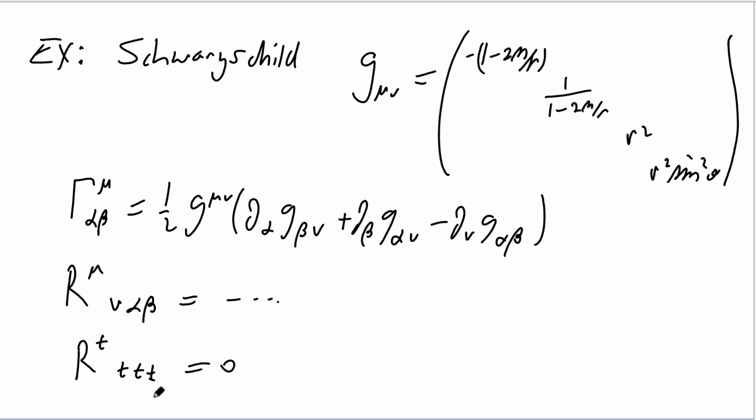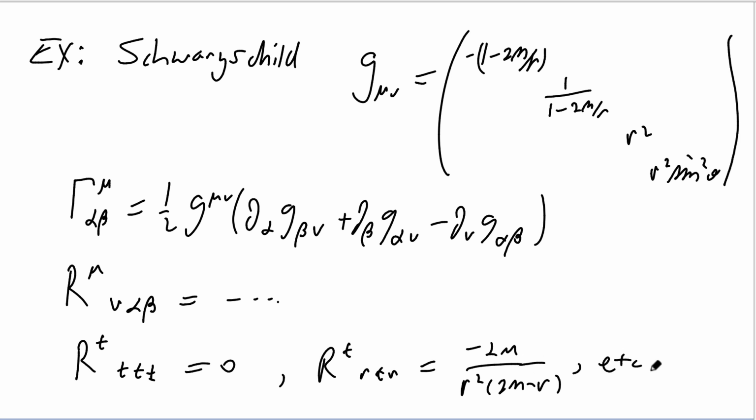Actually, you know that must be true because we know that the Riemann tensor is antisymmetric in its final two indices. So if those two indices are the same, the tensor component must be 0. If we look at the component R^t_{rtr}, that's equal to minus 2m divided by r squared times (2m minus r), and so forth.